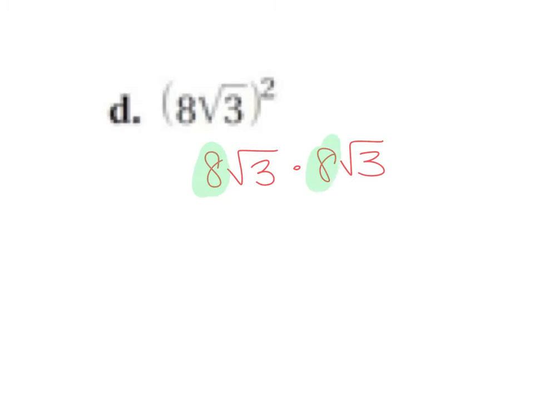So 8 times 8, that gives me 64. And then let's do the square roots. So the square root of 3 times the square root of 3 is going to give me 3. So now we have 64 times 3. What is that? 192. So 192 is our answer.